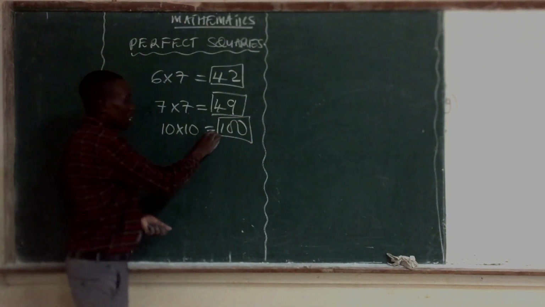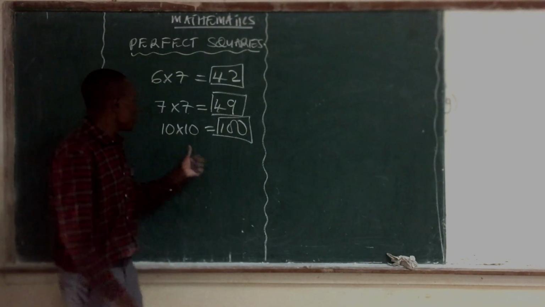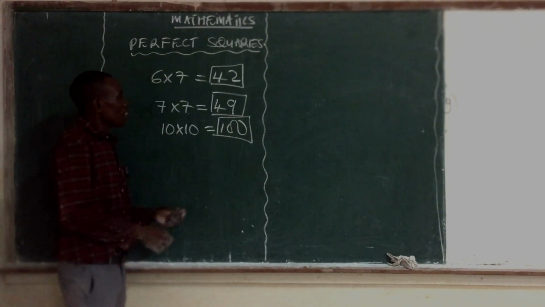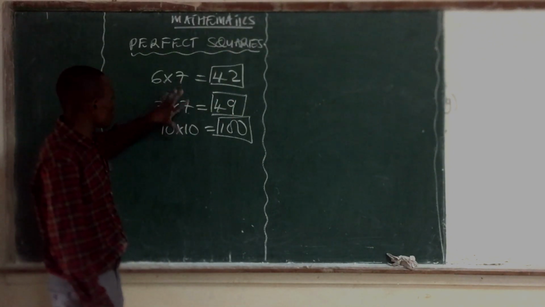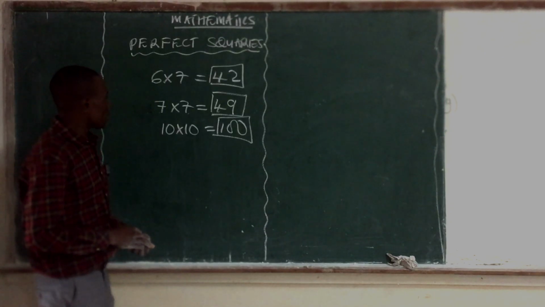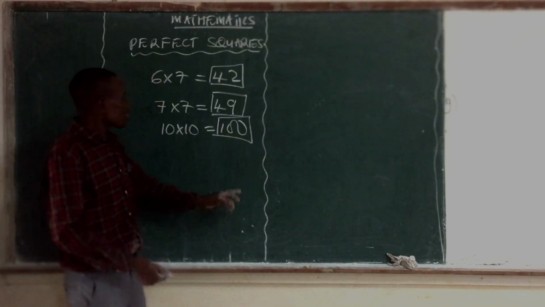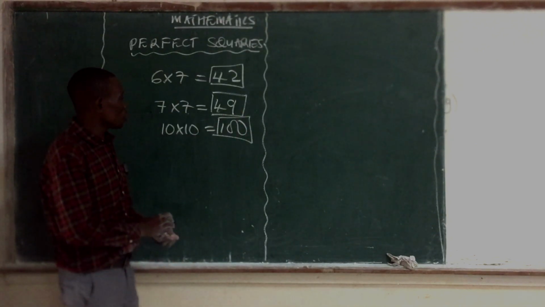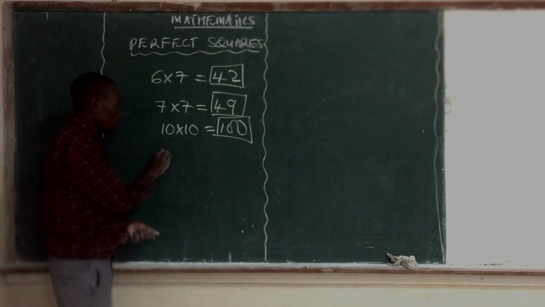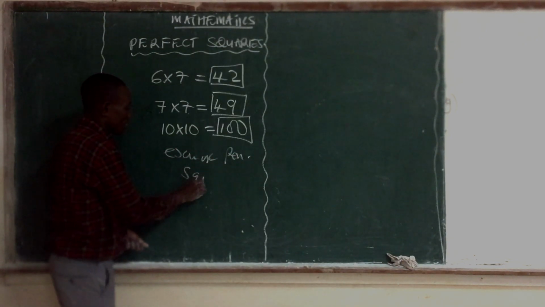And here I have also 100, which is the product of identical numbers, 10 and 10. So we found that these three numbers differ by the factors in terms of their product. Two numbers which have identical factors, such as 49 and 100, are good examples of what we call perfect squares.